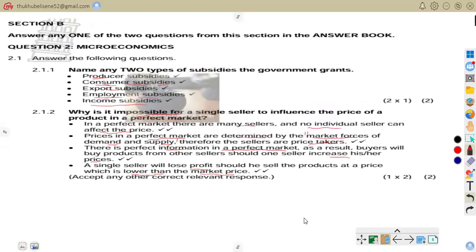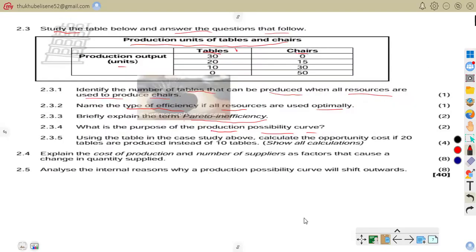So now let us be on to another question, 2.3.5. As it says, using the table in the case study above, calculate the opportunity cost if 20 tables are produced instead of 10 tables.